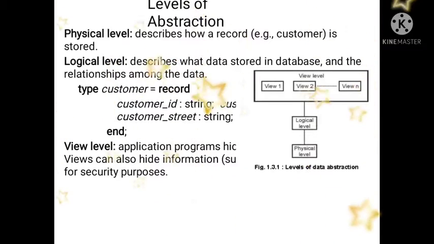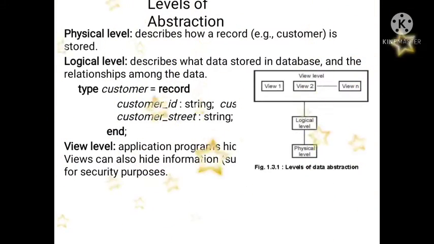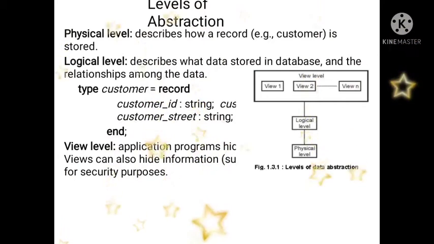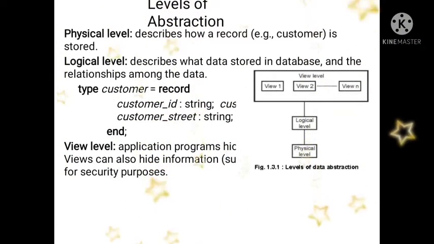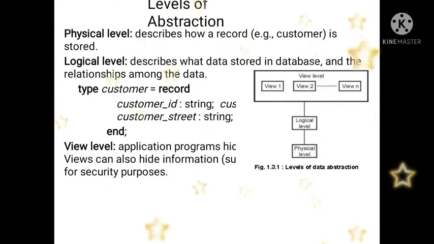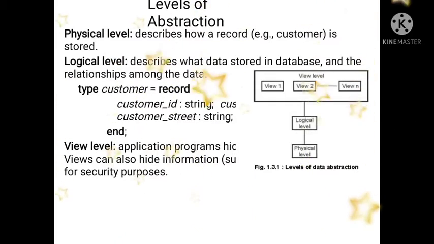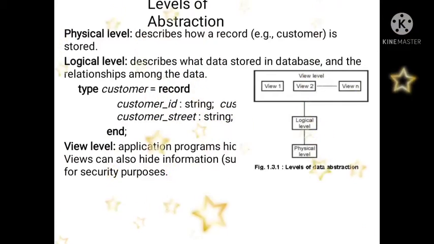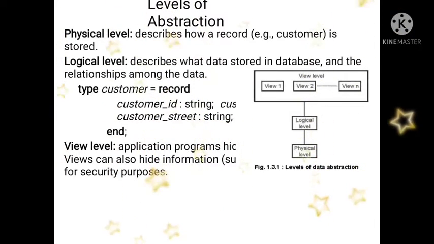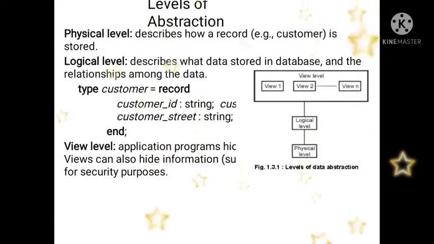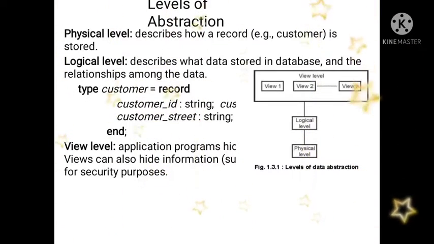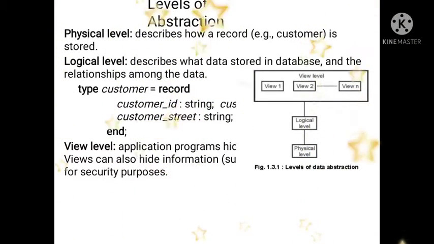Here are the levels of abstraction. Before that, abstraction means the data are hidden from the users, that is, not visible to the user. How is the data abstracted? It consists of three levels: physical level, logical level and view level. In the view level, the users can view the data, but we don't know what happens at the back end of that data.